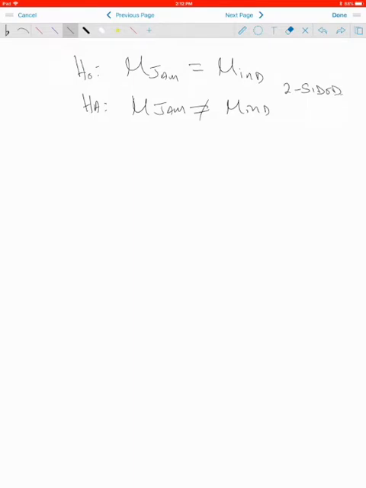And again, I won't give you the raw data, I'll simply give you summary statistics. So the mean size of the Jamaican mongoose was 15. The sample size for the Jamaican one was 10, and the variance estimate was 5. For the Indian population sample, the mean ended up equaling 10.0.